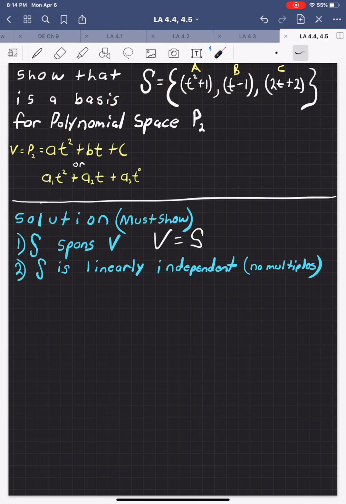Now, I understand this is a little bit trickier to do polynomial spaces than it is to do vector spaces like in R2 and R3, but this is very good practice. I hope that you took some good notes. But what you must show is the same. You must show both of these in order to make a statement about a basis. I will see you again in a little bit.